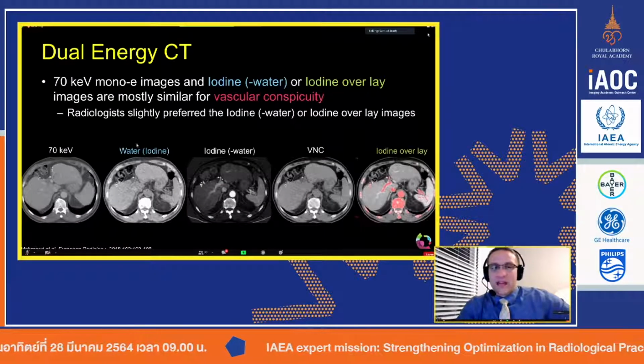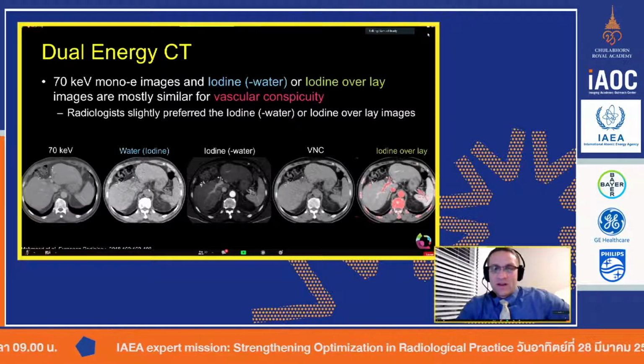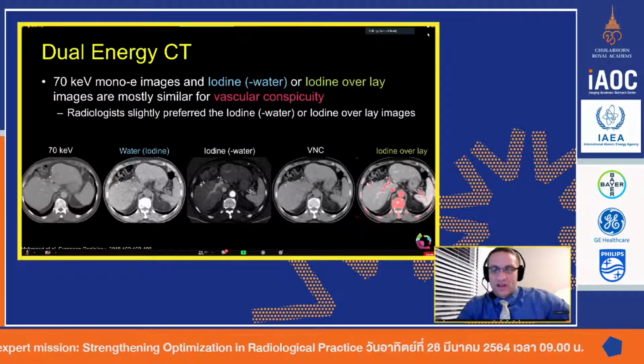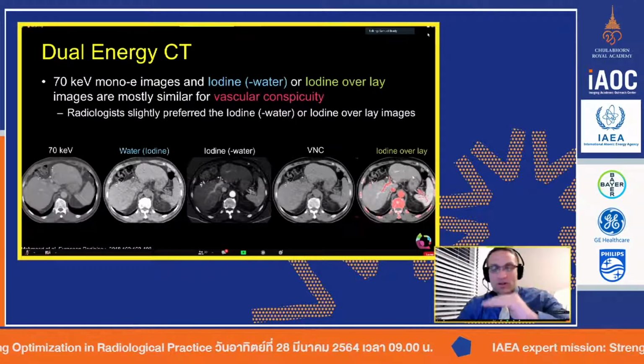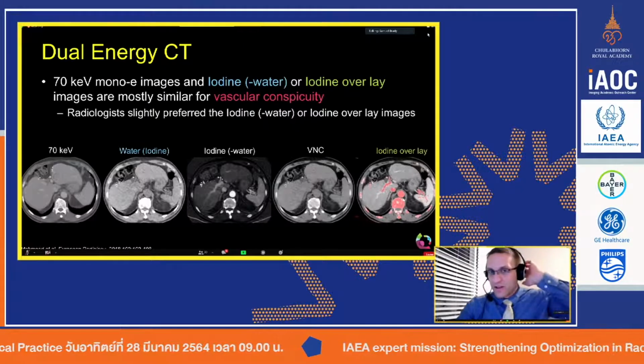And so when they looked at the water iodine maps and then the iodine overlay map, so it's a nice grayscale image, but the system has identified what is iodine and what is water, and it does a pseudo color over the iodine area.